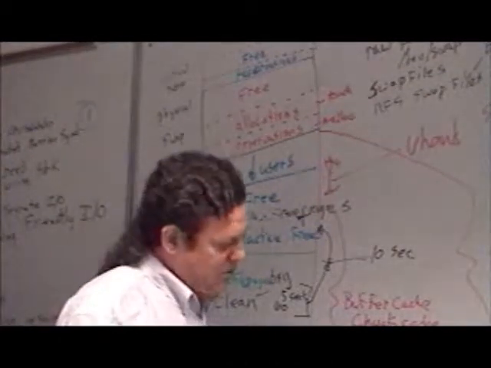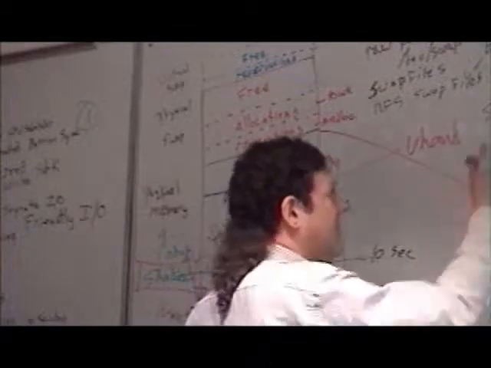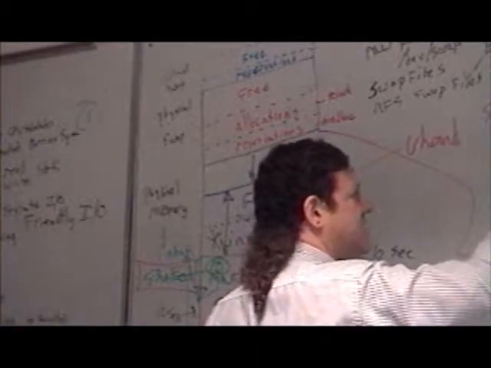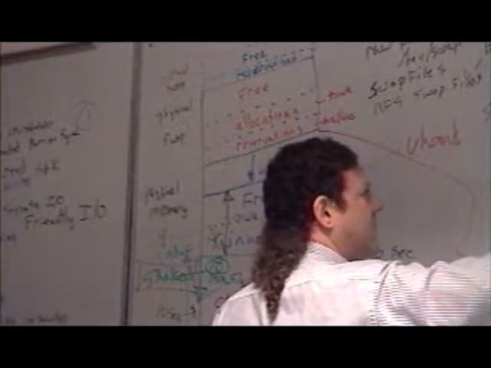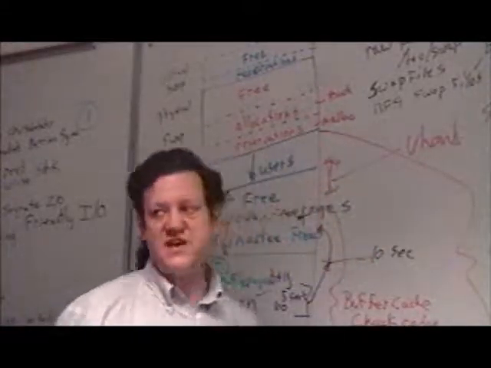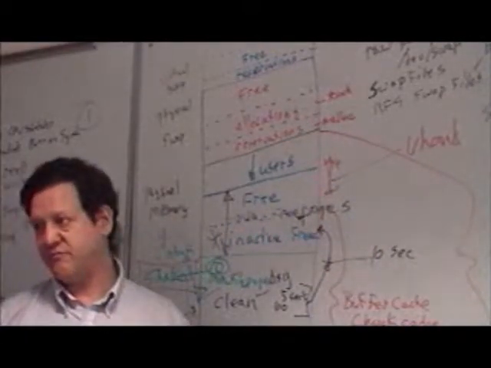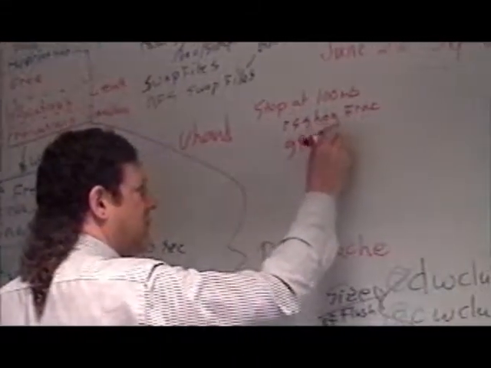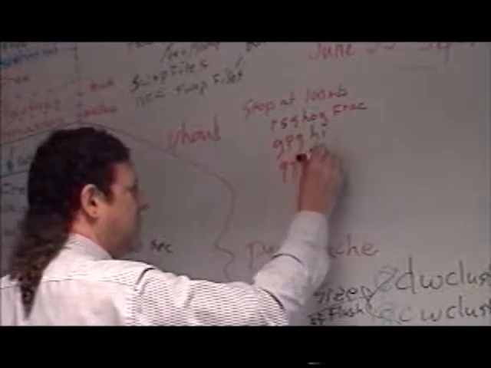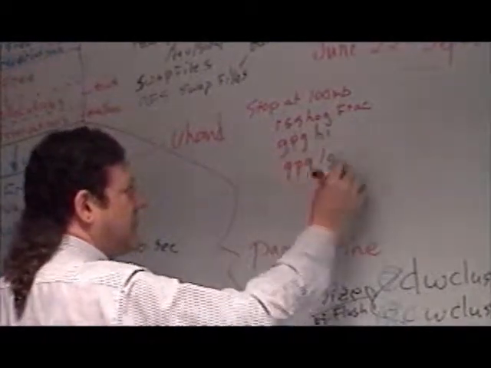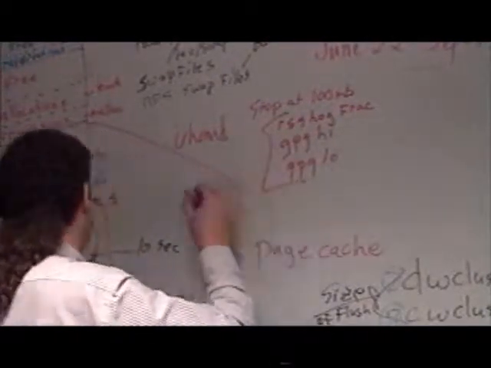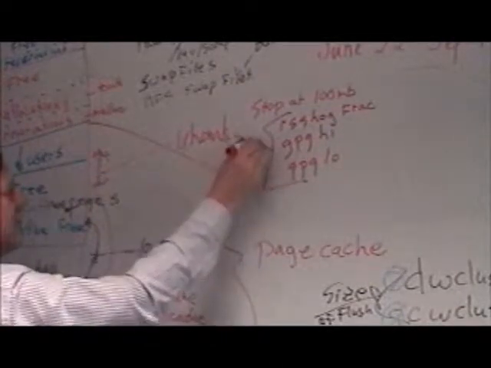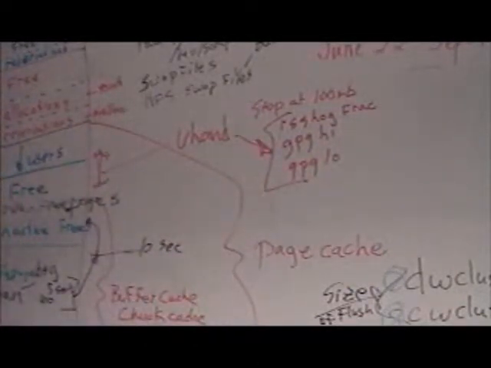So VHAND has a couple of parameters to it. One was the RSS hog frac, which is saying what percentage of memory do I try to keep free. And then the other one was gpages high and gpage low. Okay, so these are actually going to control how much room VHAND tries to keep.